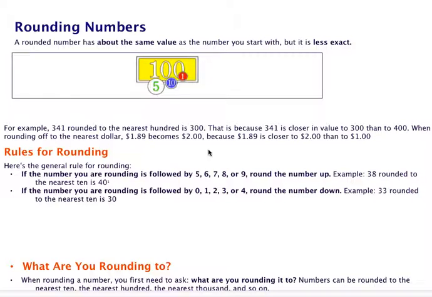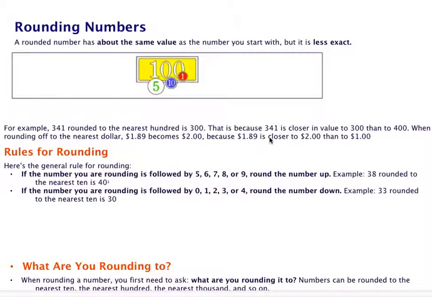You can read my example, 341, round to the nearest hundred, meaning we want to know, is it closer to 300 or 400? We're talking about the hundreds place. If I say 341, I know that it is not quite 350, which is half between 300 and 400.